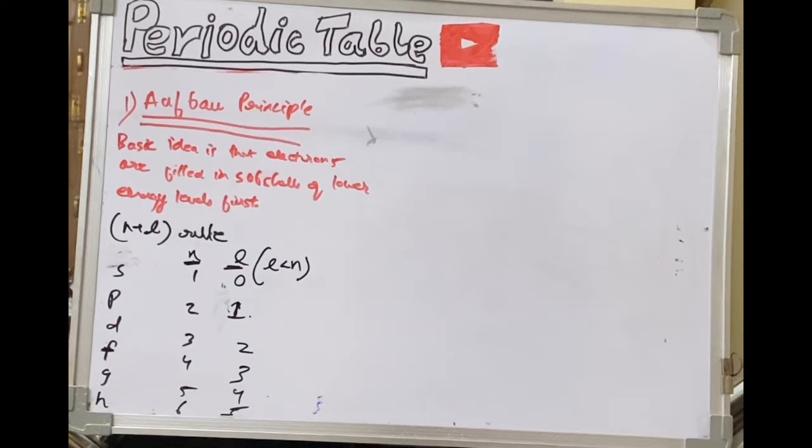So you can never put the f orbitals in the first period. So hydrogen will never have f, d, p. It will only be s, because s is the only one which has n equal to 1, whereas s can come anywhere because the minimum requirement for it is 1, right?